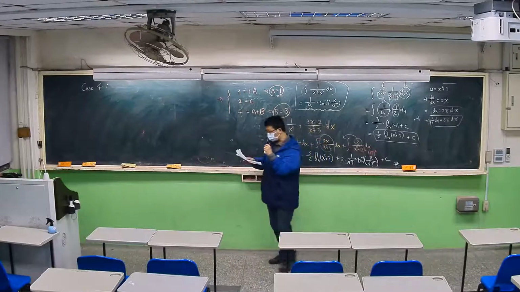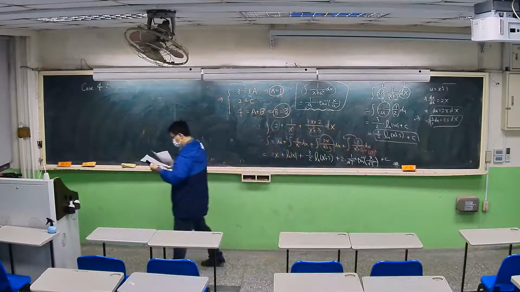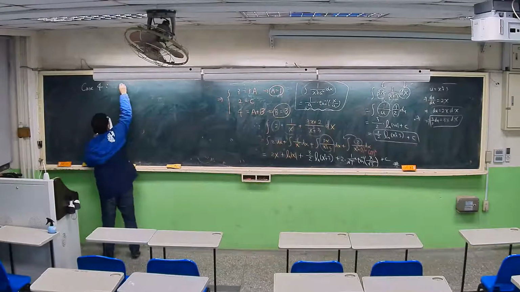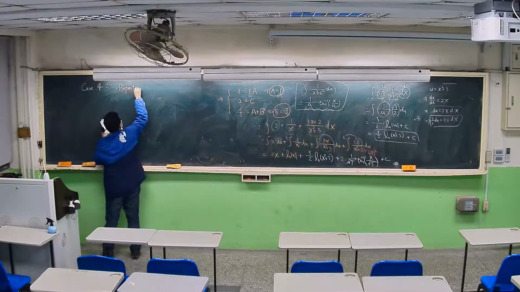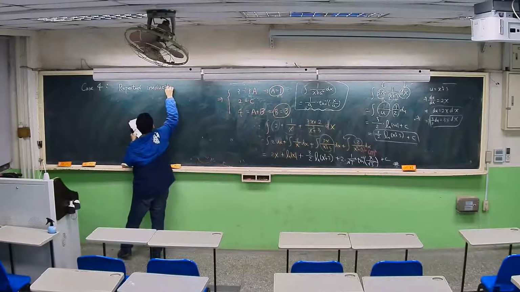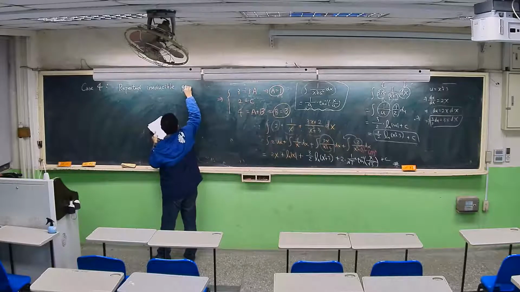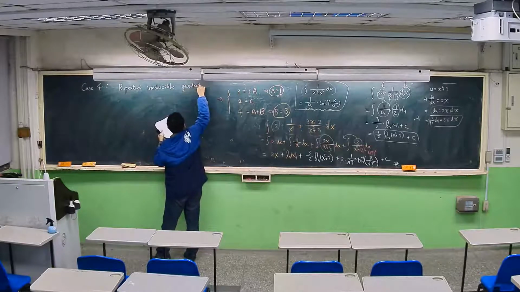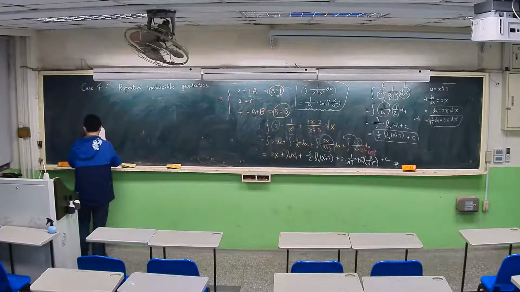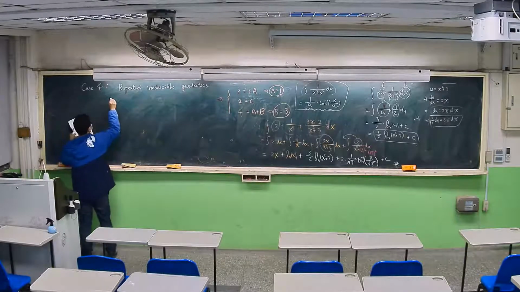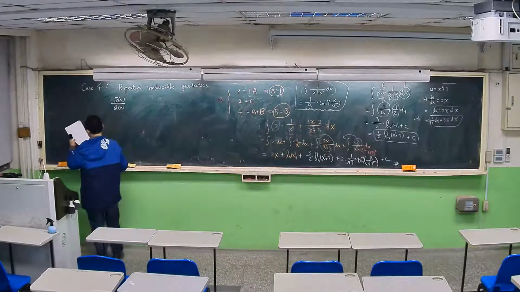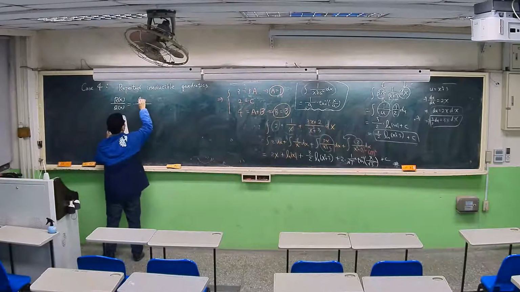And so the last case is a repeated irreducible quadratic, so it's more complicated. That's why I just write down the form, and you could check some examples by yourself or follow the result in the textbook.